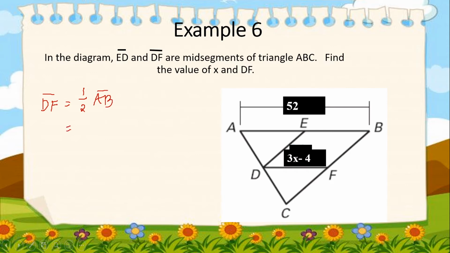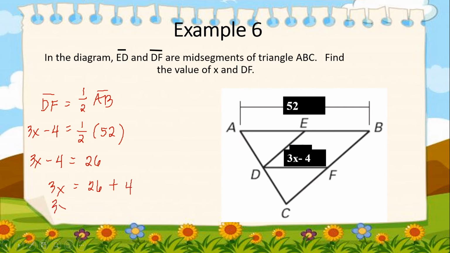Now, if DF is equal to 3x minus 4, so we have 3x minus 4 is equal to 1/2 of the length of AB, which is 52. 3x minus 4 is equal to 1/2 of 52, which is 26. Now, solving for x, we're going to have 3x is equal to 26 plus 4. 3x is equal to 30. Divide both sides by 3.